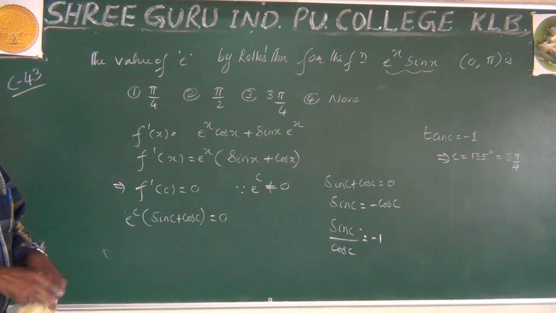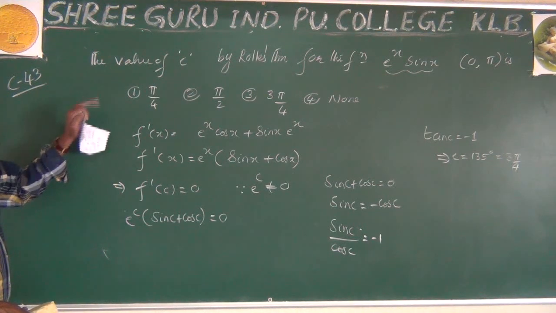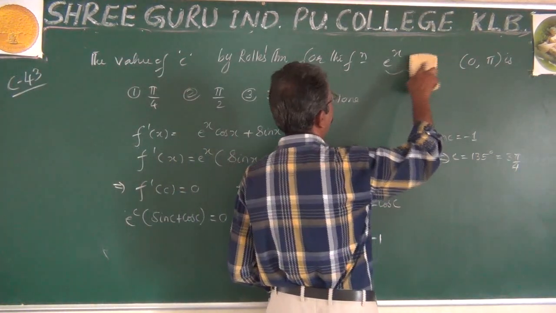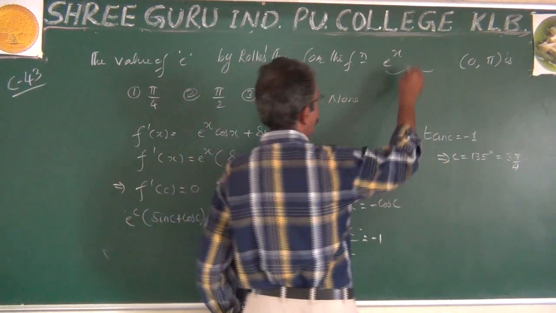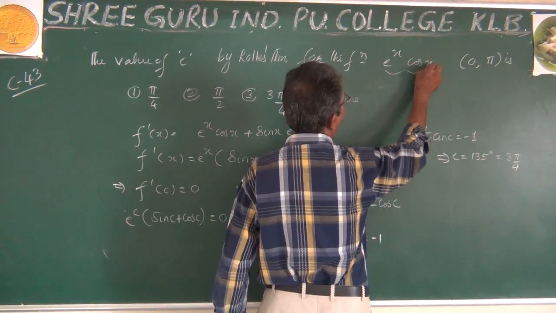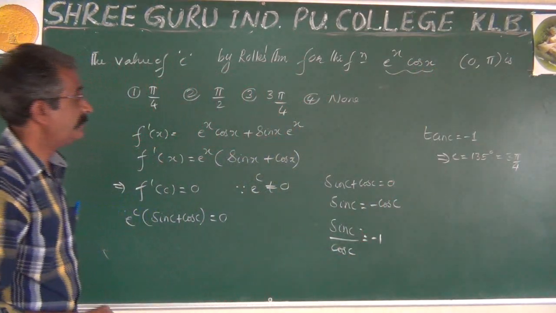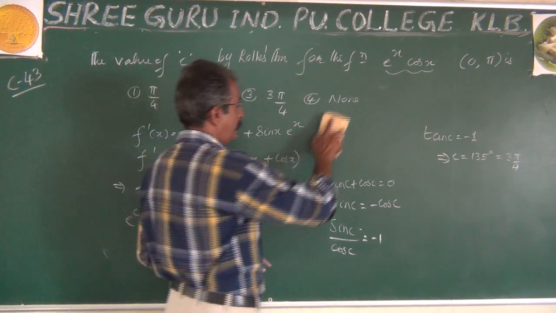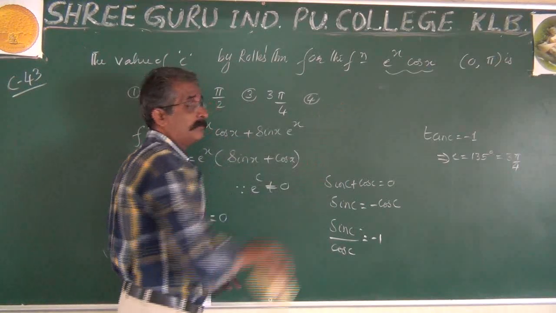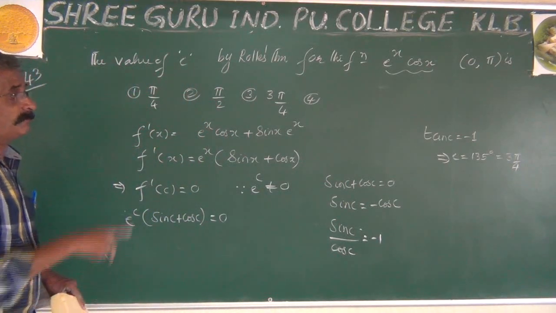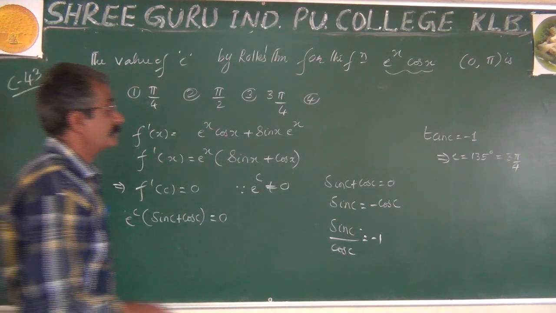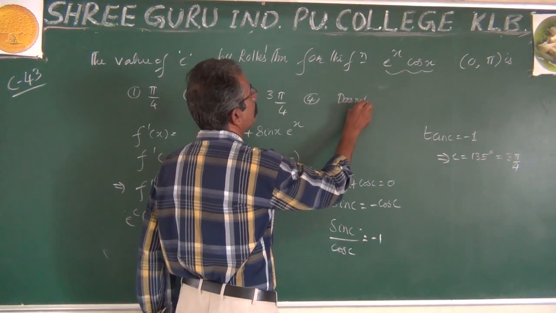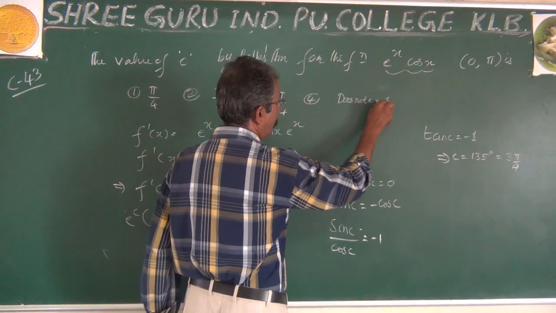Suppose the same problem, the value of c by Rolle's theorem for the function e power x into cos x on the interval 0 to pi, which I am just giving you information, and the fourth option is like this: does not exist, not able to compute.